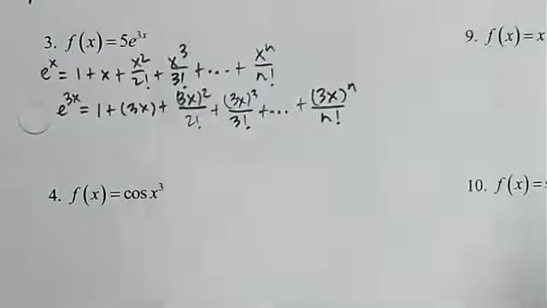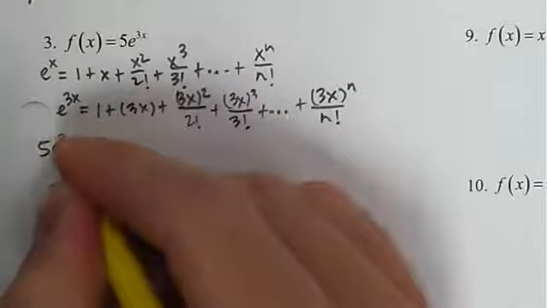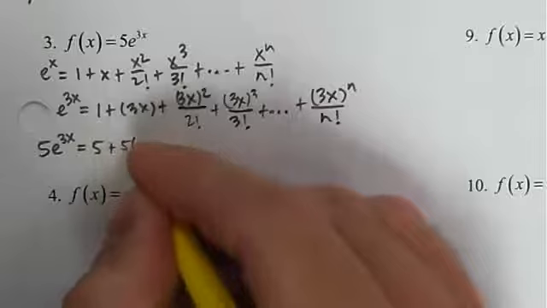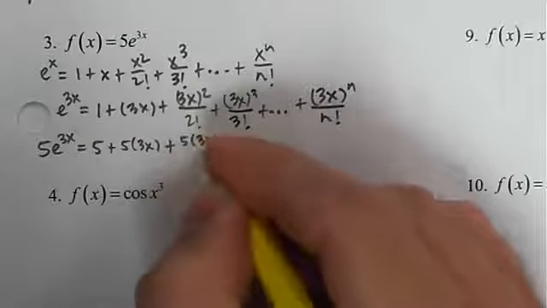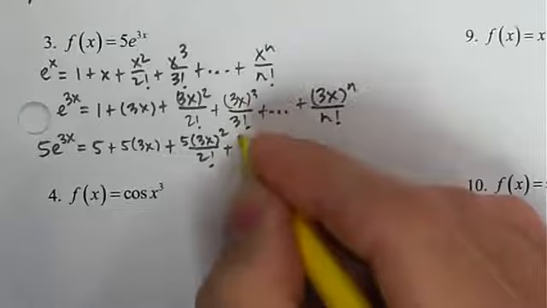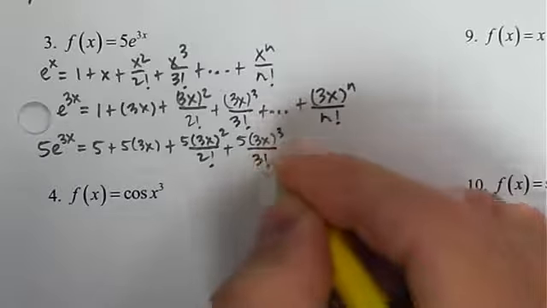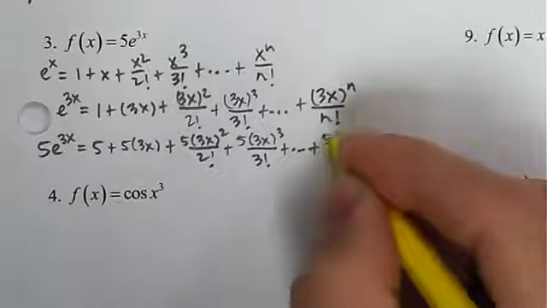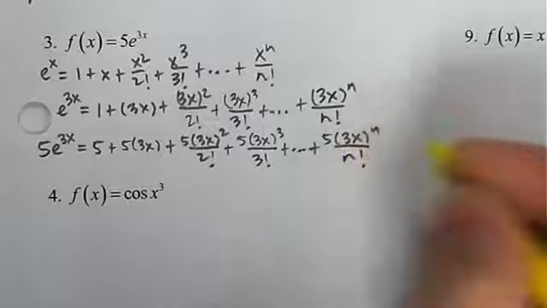So 5 e to the 3x would be if I just multiplied everything by 5. So it would be 5 plus 5 times 3x plus 5 times 3x squared divided by 2 factorial. And then 5 times 3x to the nth power over n factorial.